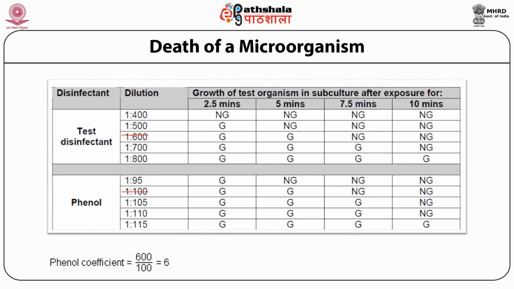That means at 2.5 minutes it shows growth, at 5 minutes it shows growth, at 7.5 minutes it shows no growth, and at 10 minutes it shows no growth. The phenol coefficient is calculated like this: the dilution of test disinfectant divided by the dilution of phenol, and it gives 6. That means the disinfectant's phenol coefficient is 6.